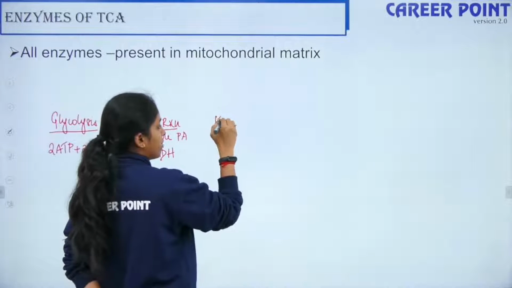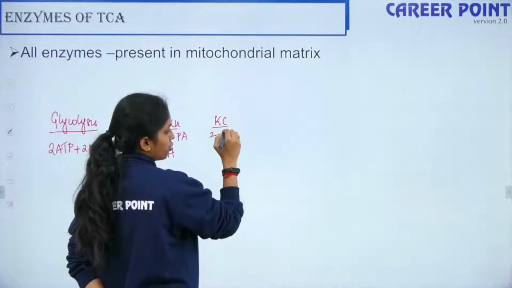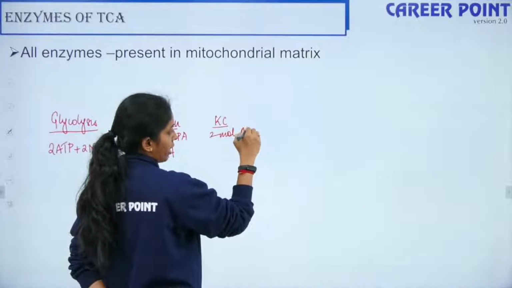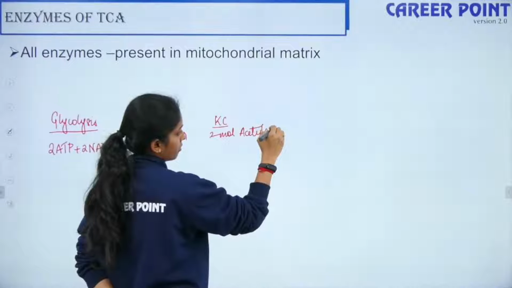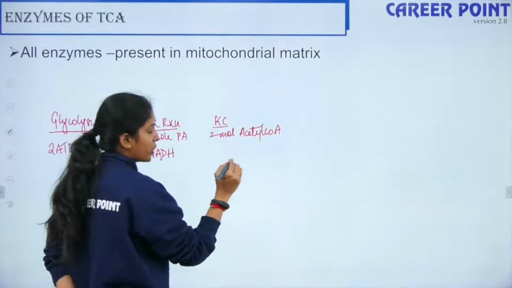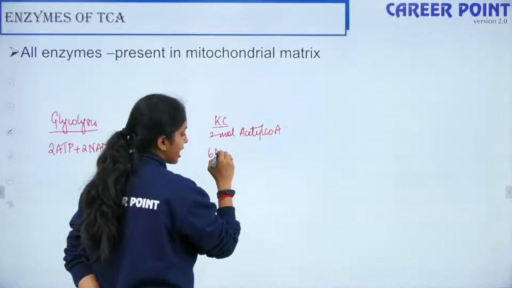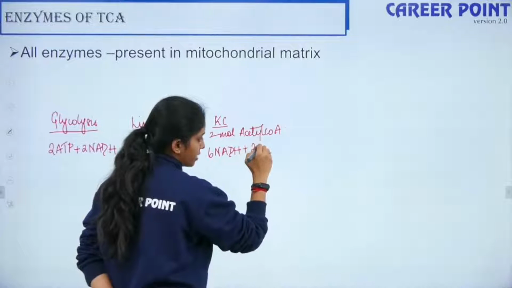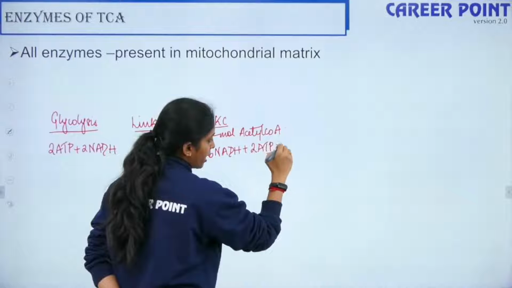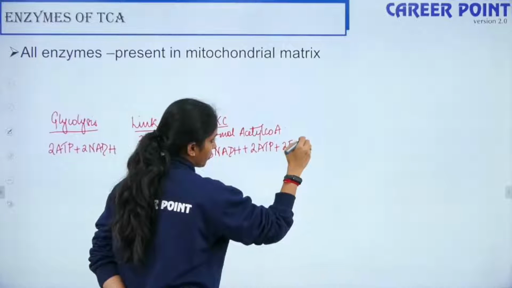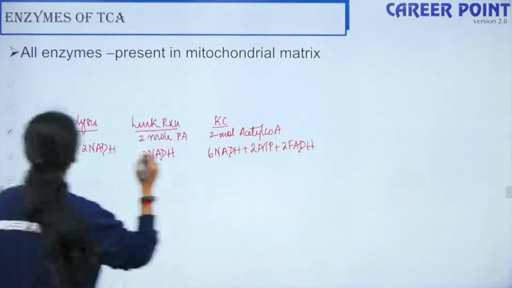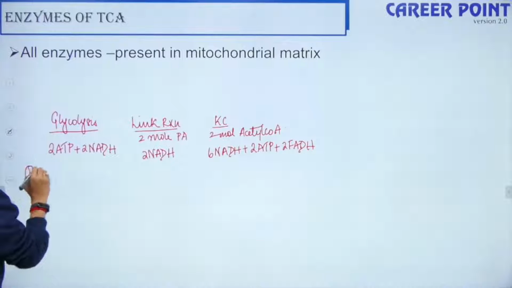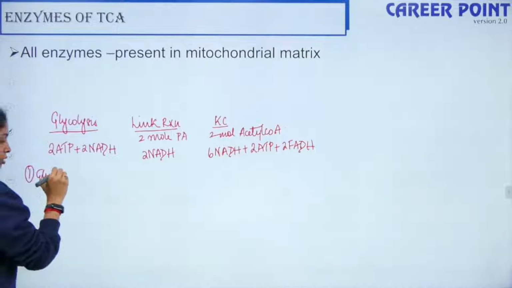Then talking about the Krebs cycle, for 2 molecules of acetyl-CoA, how many do we have? We had 6 NADH plus 2 ATP plus 2 FADH. So for one molecule of glucose, you have so much of energy.